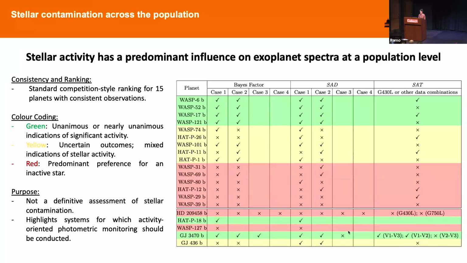The thing is that, for example, for HAT-P-11b, we do know from previous studies that it is a very active star. Although what we find here is that we're not really certain that for these observations the stellar activity was caught. But again, these are not final results. We don't want to say take this as the ground truth, but it's more to show that stellar activity is important.